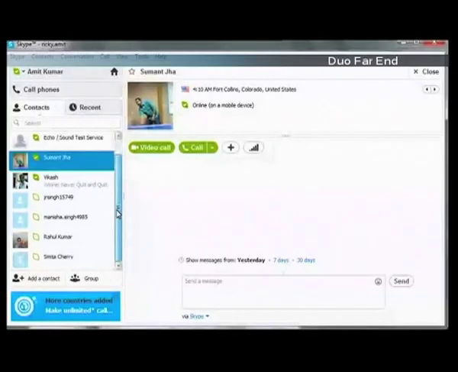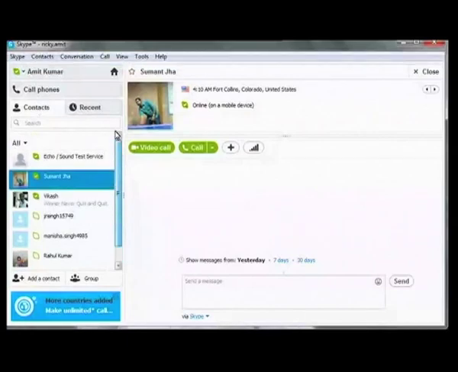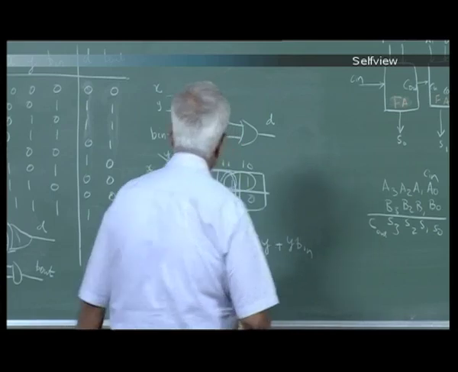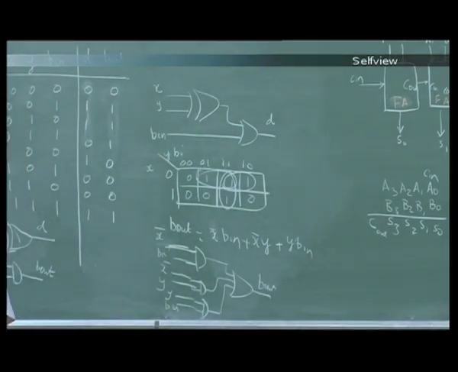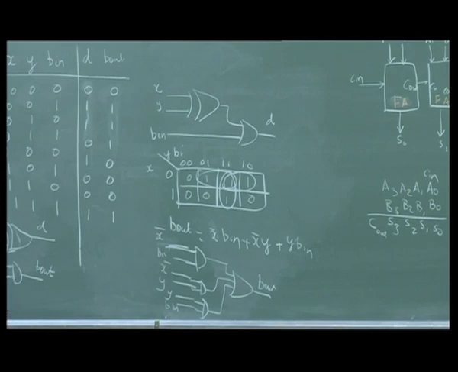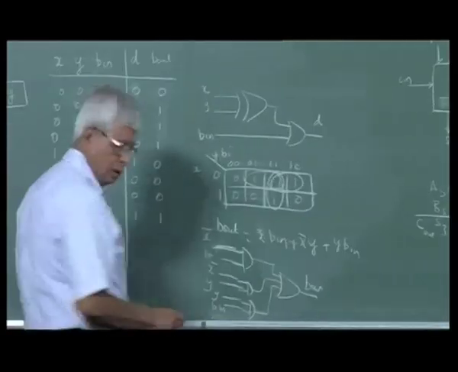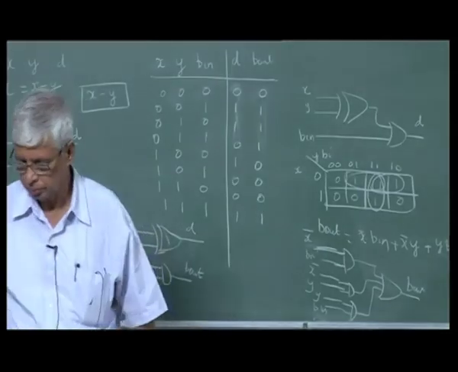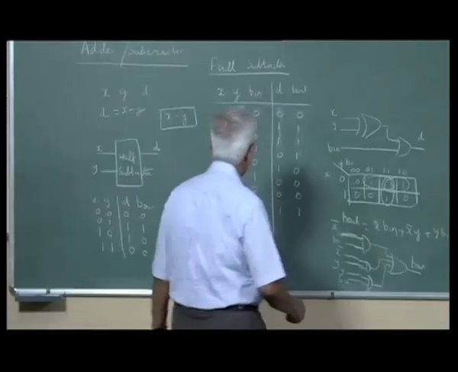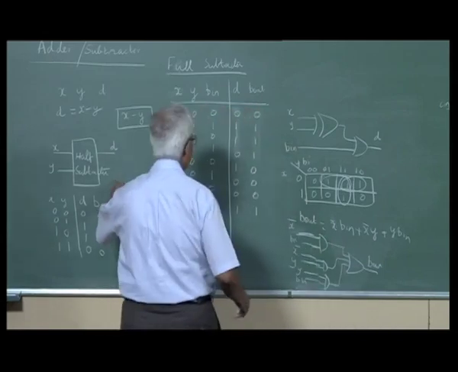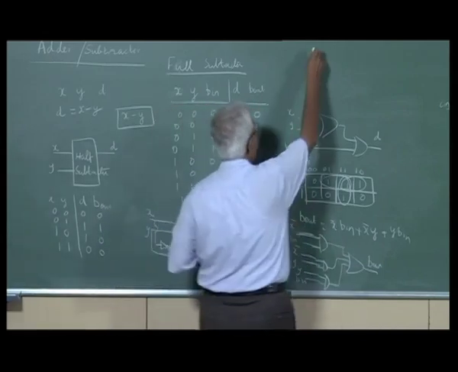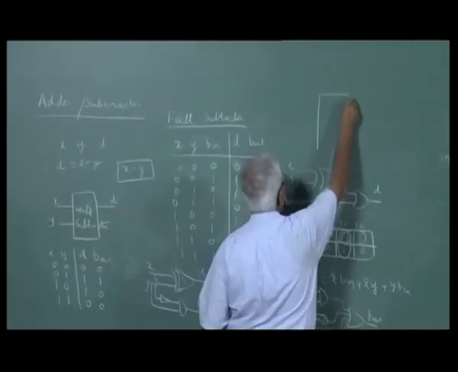We will do this in hardware now, that is we have to draw the circuit diagram. Very simple. Suppose I have a 1 bit full adder. Oh, by the way, this is all half subtractor, this is called full subtractor.